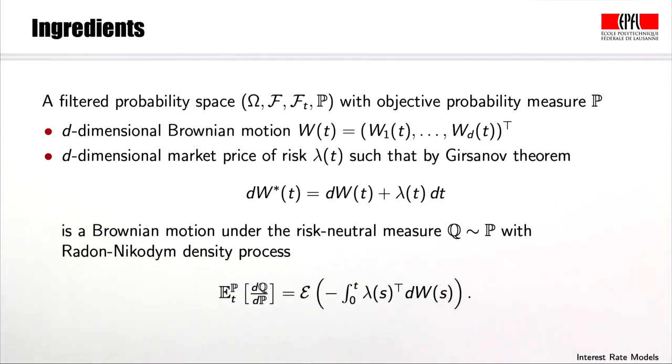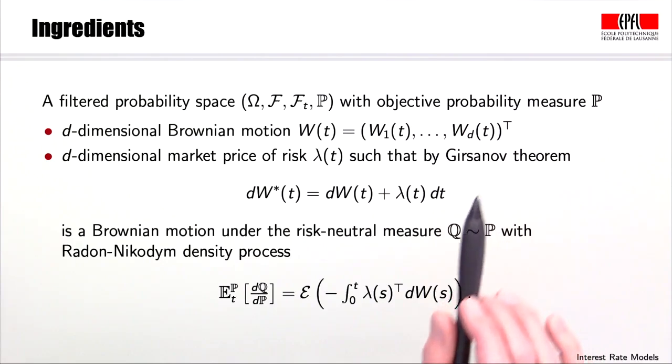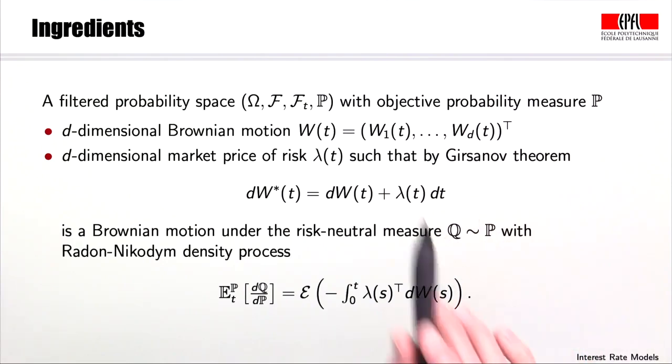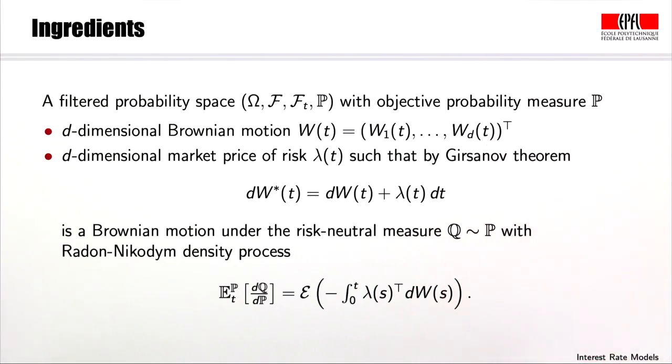Formally, as ingredients, again, we fix a filtered probability space, which is now carrying a d-dimensional Brownian motion. A d-dimensional Brownian motion is simply composed of independent standard scalar Brownian motions, W1 to Wd.